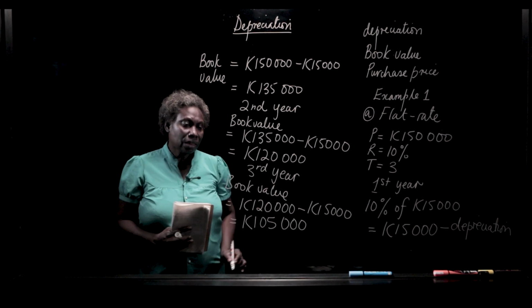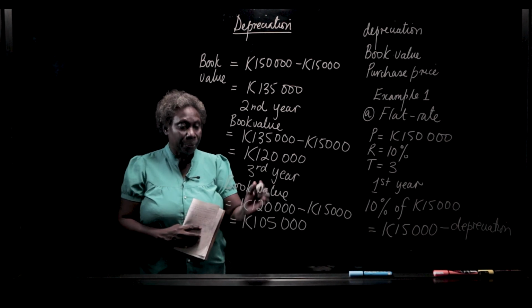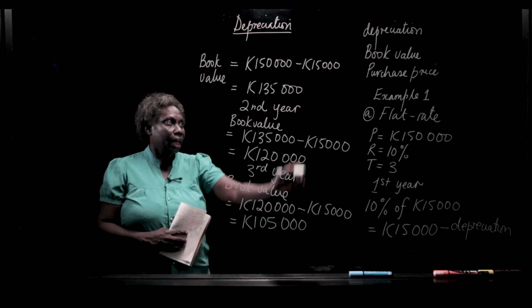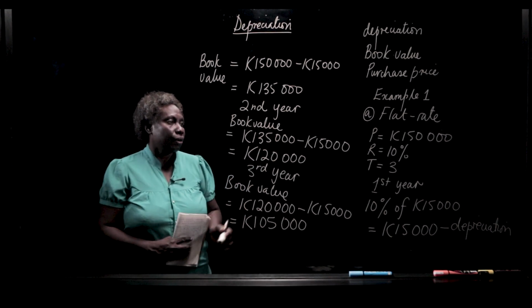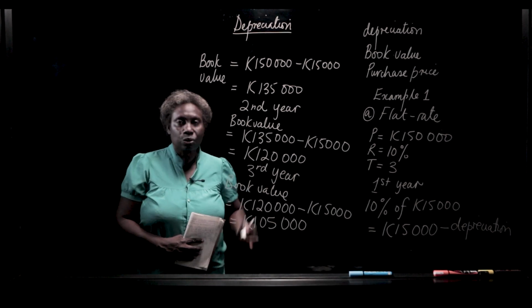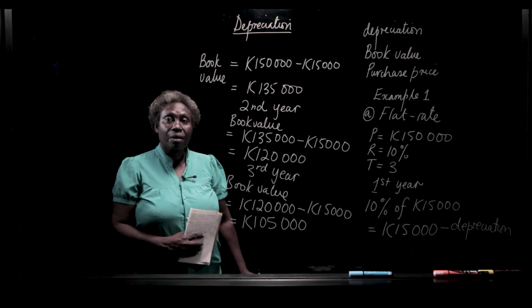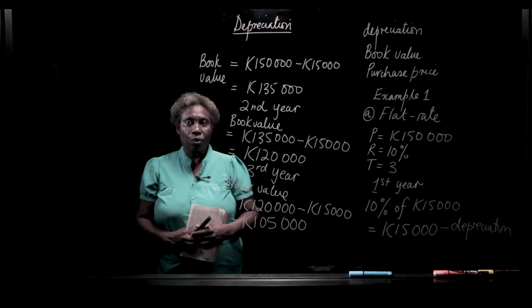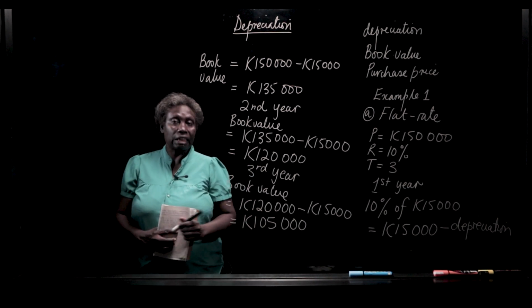That is the value that will be recorded at the end of the third year. So the value of the 25-seater bus will have reduced to 105,000 kina.